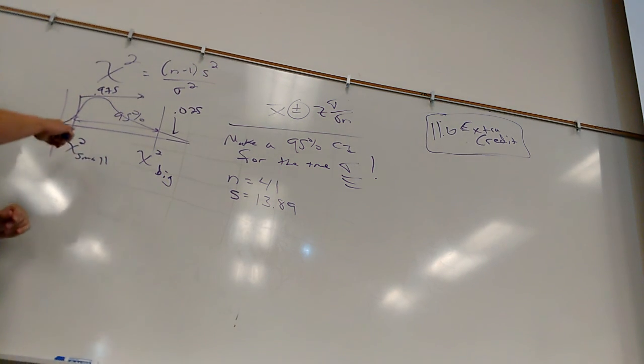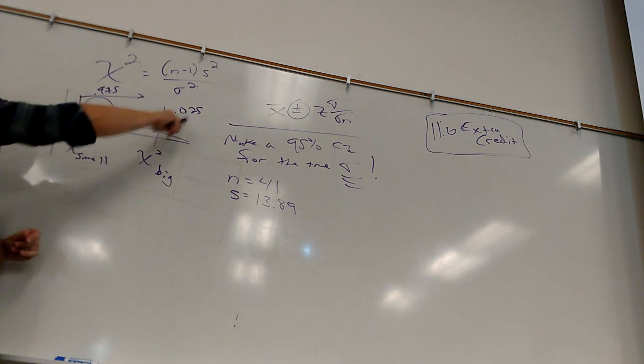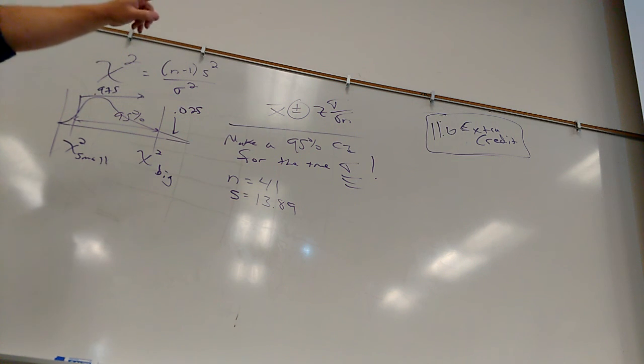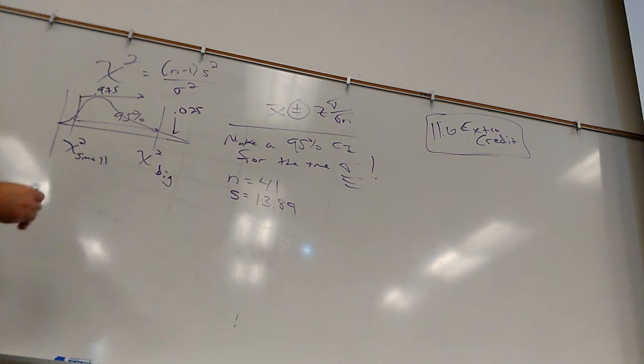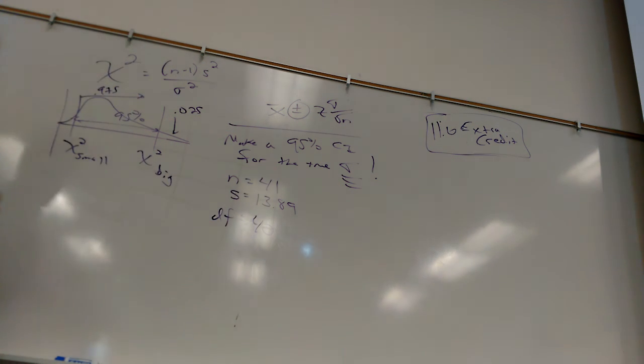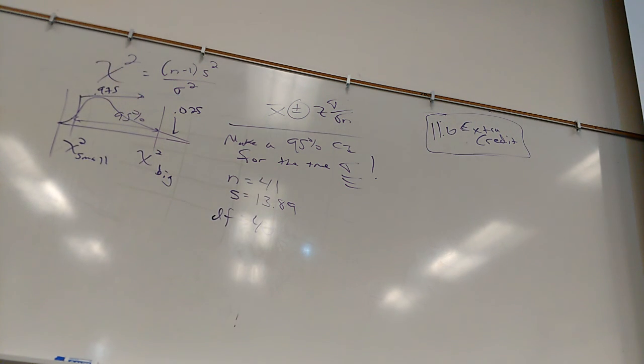If I look up 0.025, I'm going to get what I call chi-square big, because it's the bigger value. What do you get when you look up 0.025? What's the degrees of freedom here? 40. Because now we don't have categories, right?